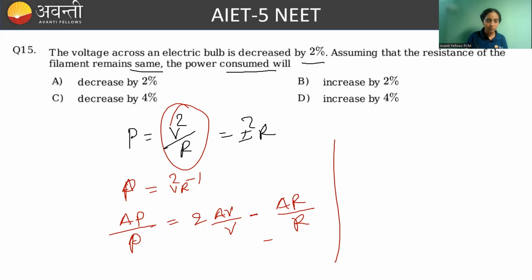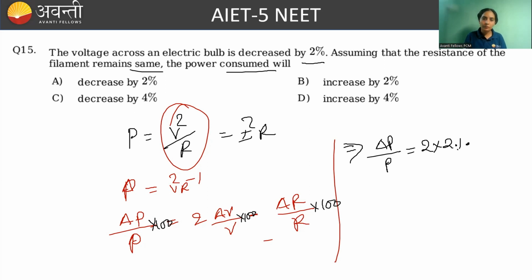Now look here: delta P by P will be equal to 2 delta V by V, so that is equal to 2%. And if I want the percentage, you multiply by 100 here, here, and here as well, and that will give us the percentage. Now this delta R is 0, because in the question it is said that the resistance is remaining the same.